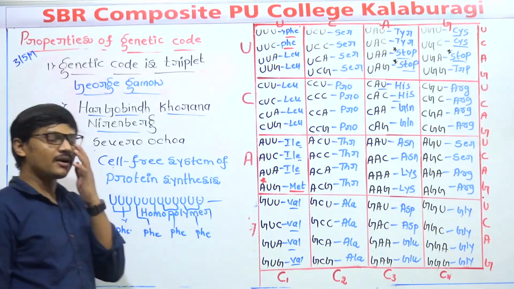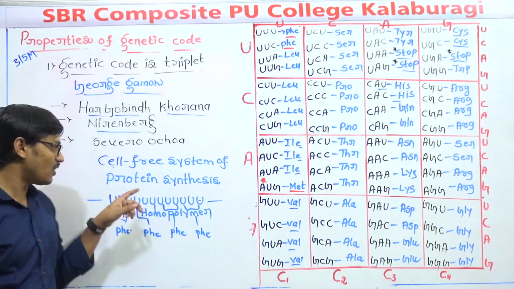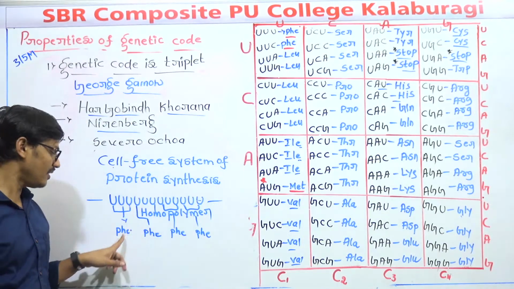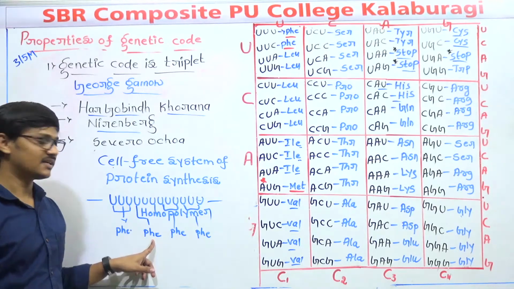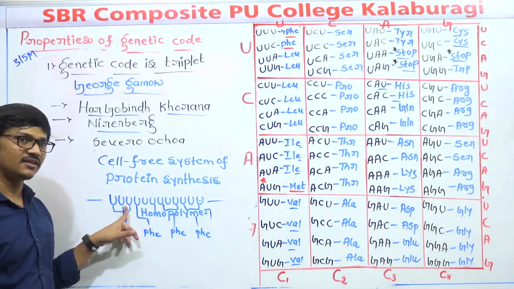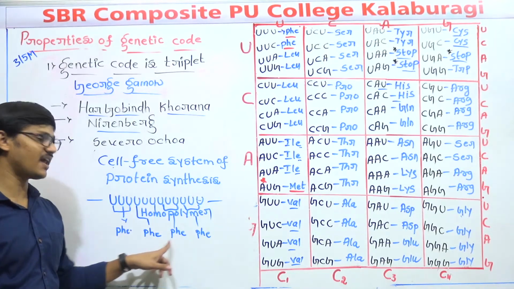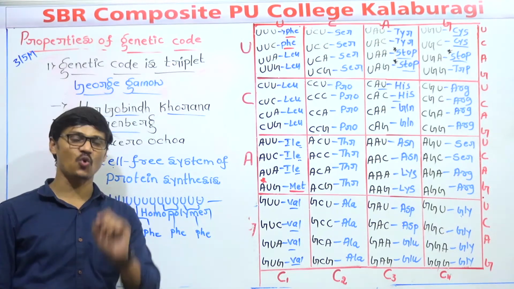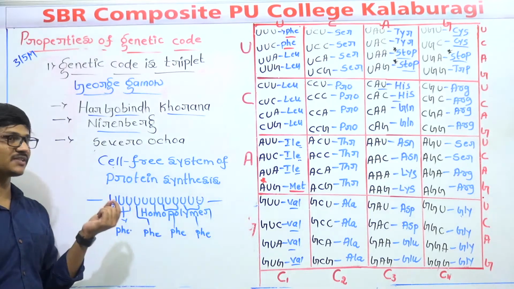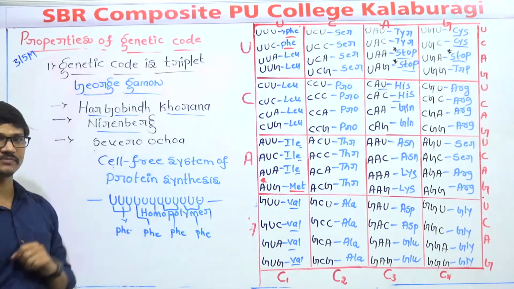So how many phenylalanine are produced? 4. Since the 12 uracil are there, they are responsible for 4 phenylalanine. So each phenylalanine amino acid is coded by 3 nitrogen bases. That is what we call a triplet.